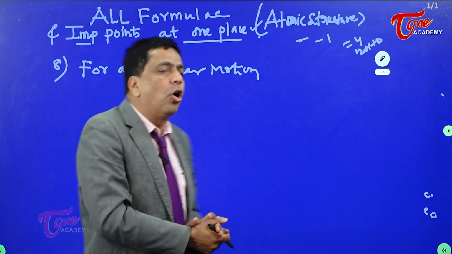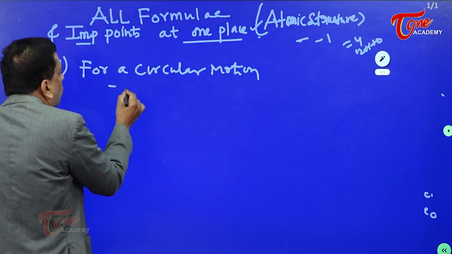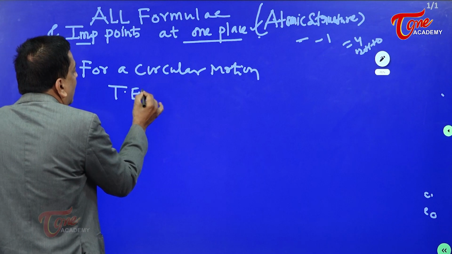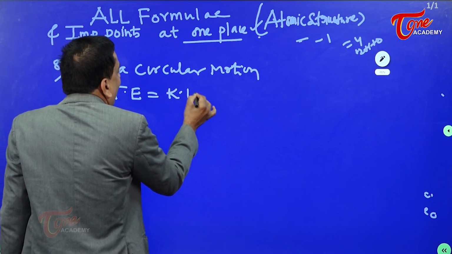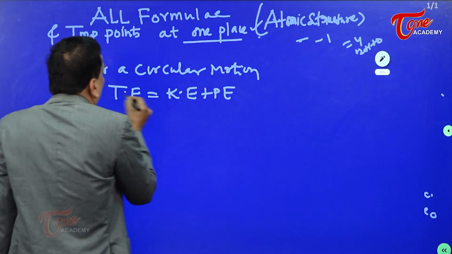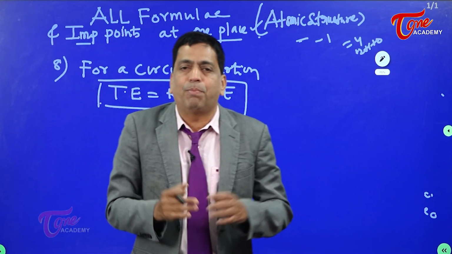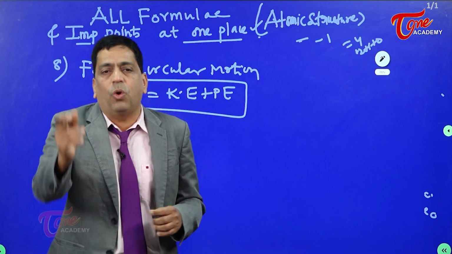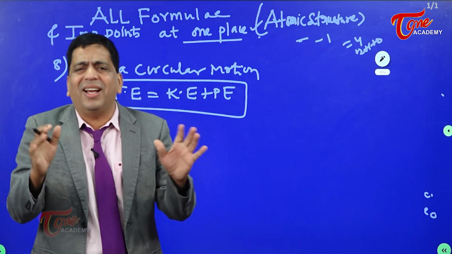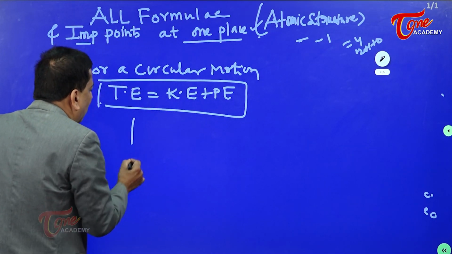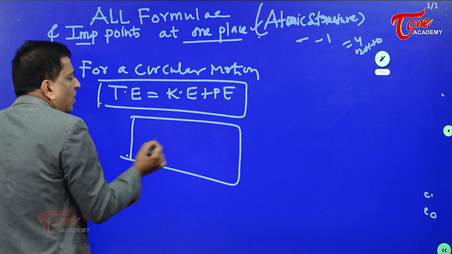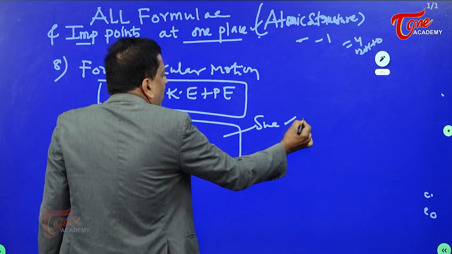For a circular motion, mind you that total energy is equal to KE plus PE. The total energy is nothing but the kinetic energy and the potential energy of the electron revolving in the circular orbit. Now, what are the questions in this? There is one question which is for sure. You can bank on it.